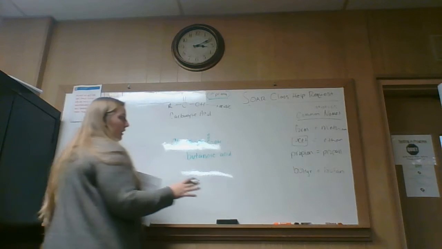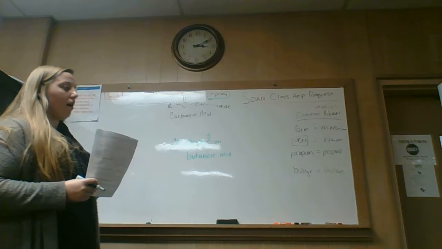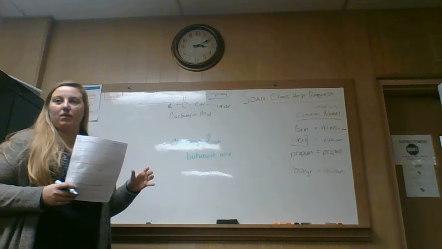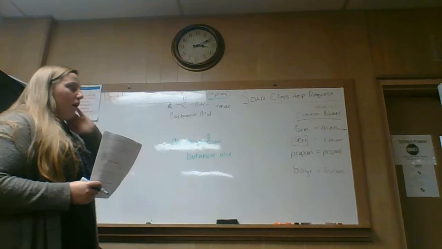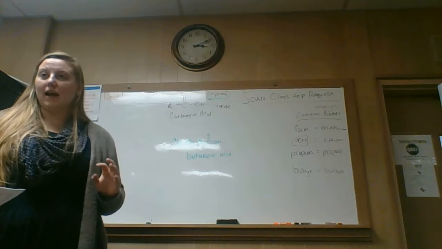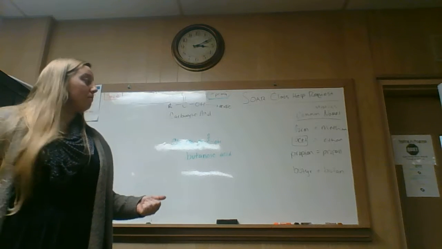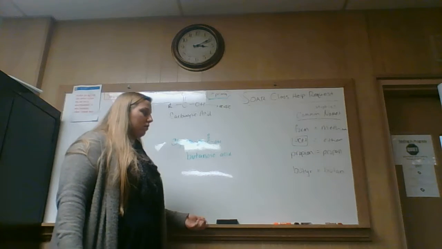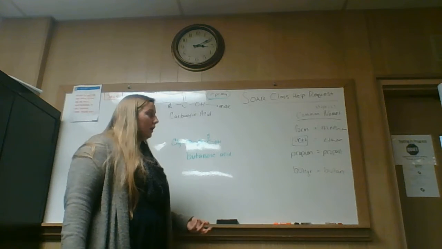When we are talking about common names, there are 4 different prefixes. Some of them are pretty close, but some of them are pretty different. So form, like formic acid, applies to only 1 carbon. Acete is 2 carbons. Propion is 3, butyr is 4.